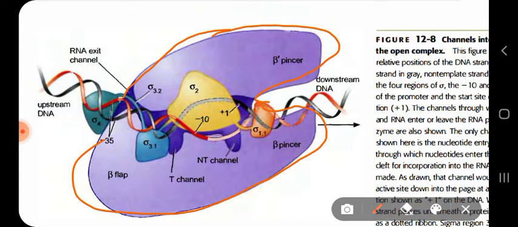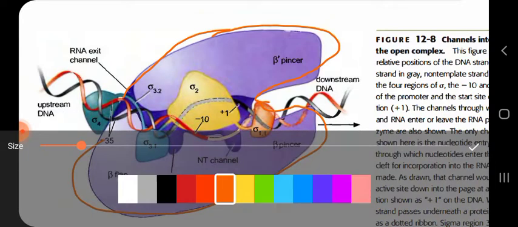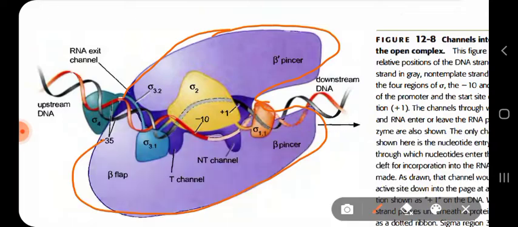And these are the regions of the sigma factor. You can see sigma 1.1 attached with sigma 2, then sigma 2 is attached with sigma 3.1, and sigma 3.1 is attached with this region, which is called sigma 3.2.